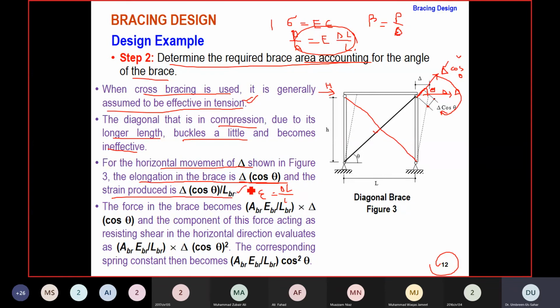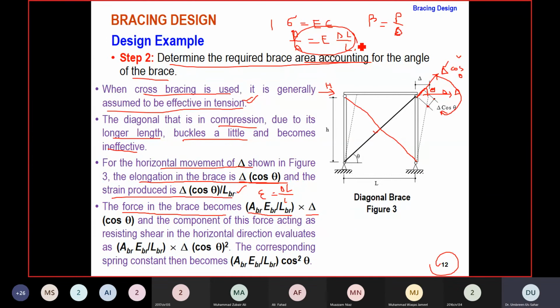Now, once the strain has been calculated, you can calculate the force in the brace. That will be equal to A_BR E_BR over L_BR into delta cos theta. So what does it mean?